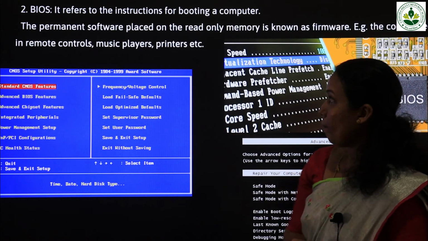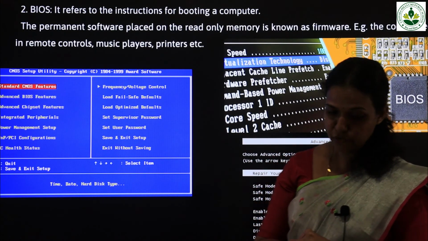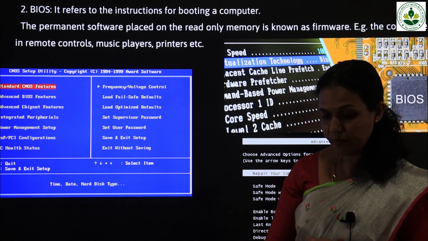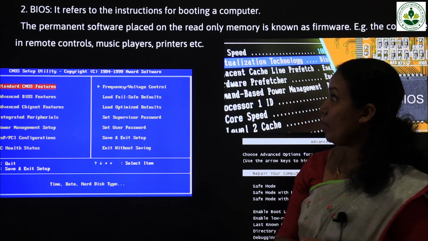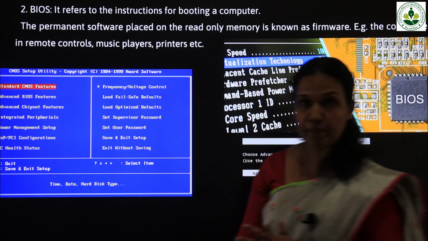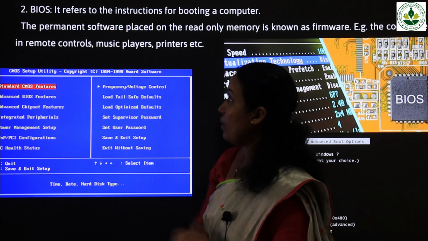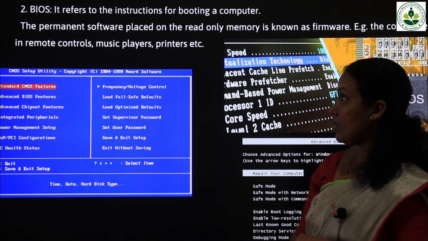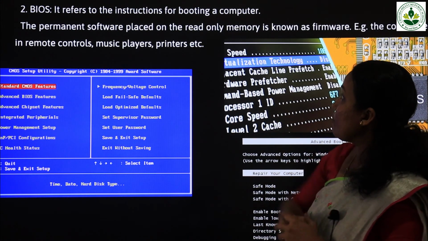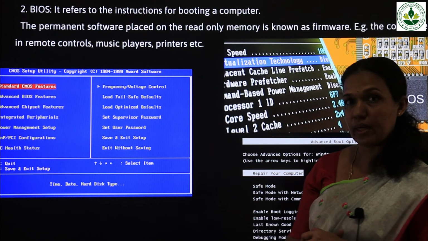Then the second one, BIOS. What is the full form of BIOS? It is Basic Input Output System. What is this BIOS? It refers to the instructions for booting a computer.